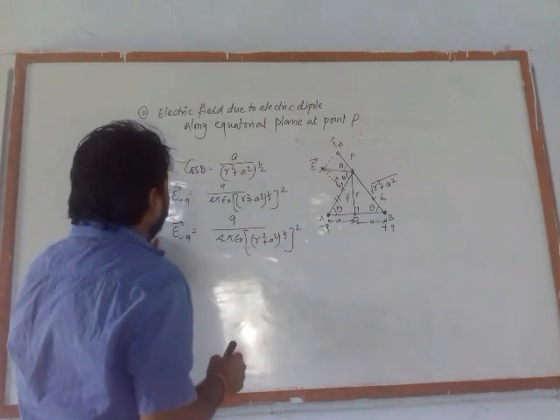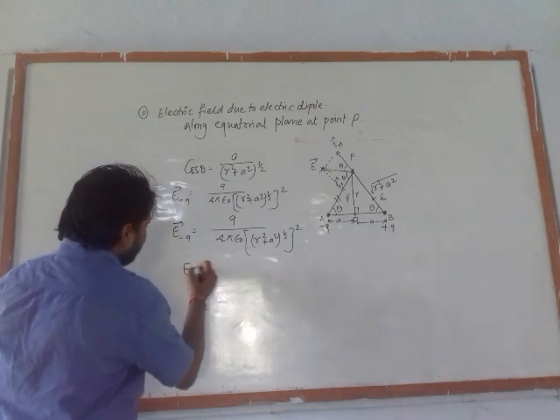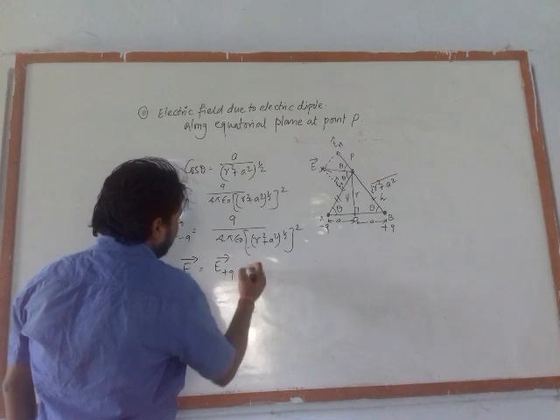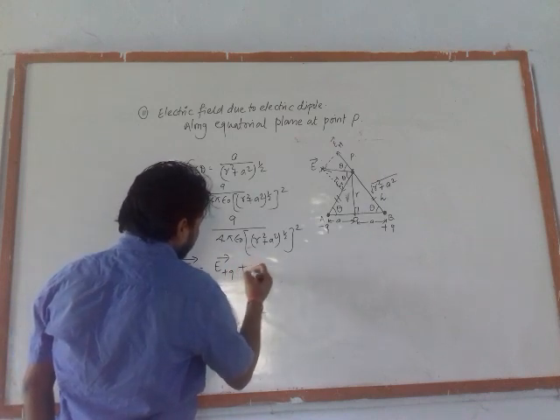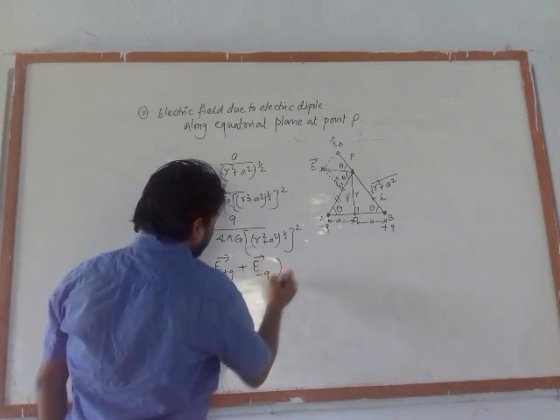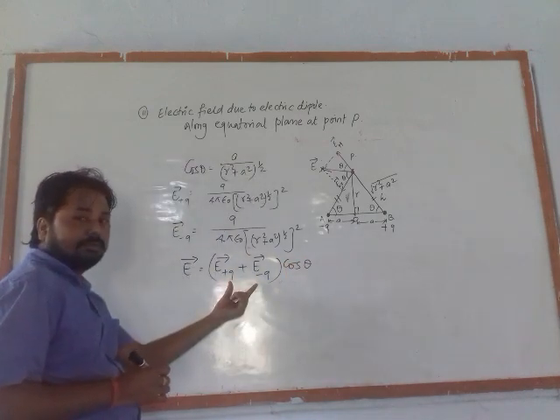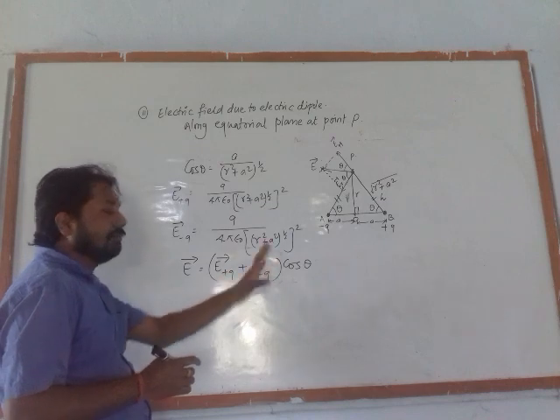Now both are the same. Then what will be the value of E? The value of E will be E plus Q plus E minus Q, times cos theta. So it will be twice E plus Q, or E minus Q.